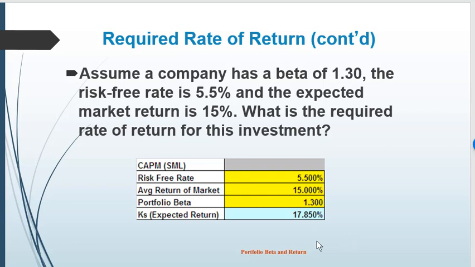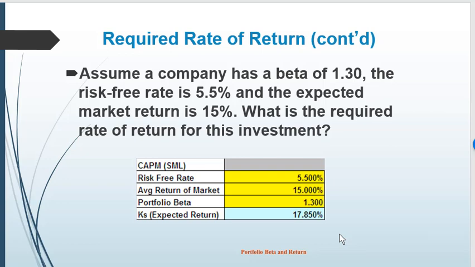You plug the numbers in. For this company, you would expect to get a 17.85% rate of return on this investment. If you thought you were going to get a 15% return, you would not want to buy this because 15 is not enough. You want more because it is riskier.